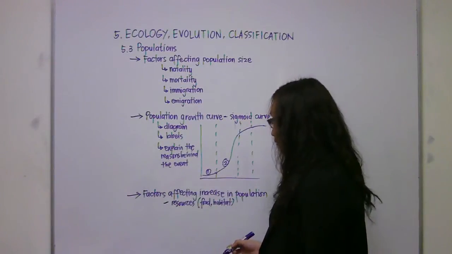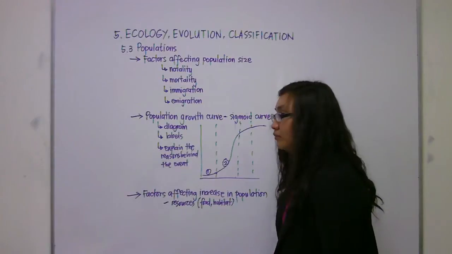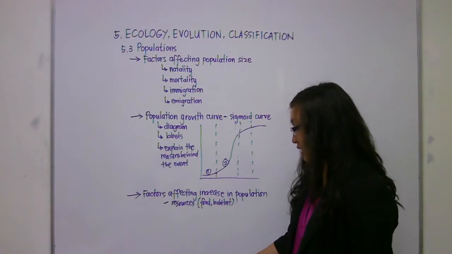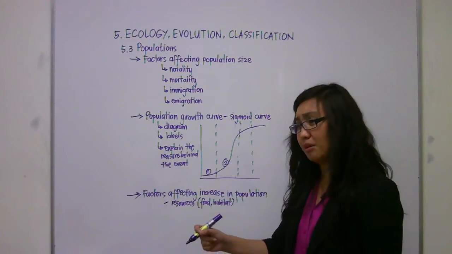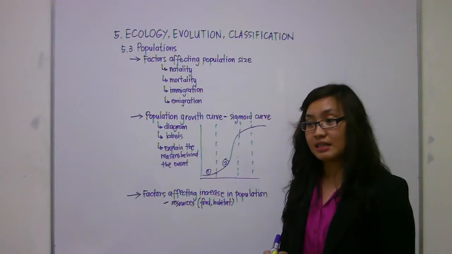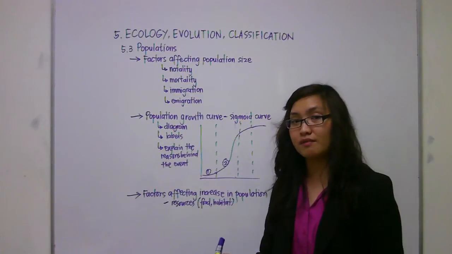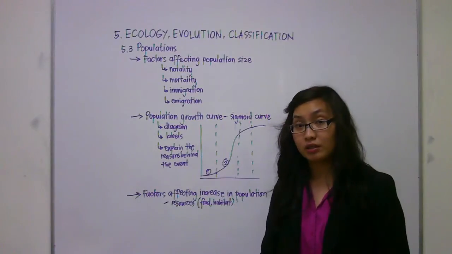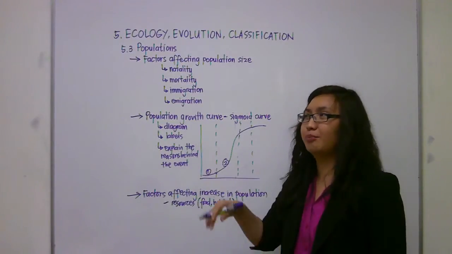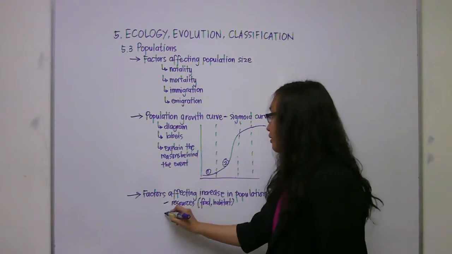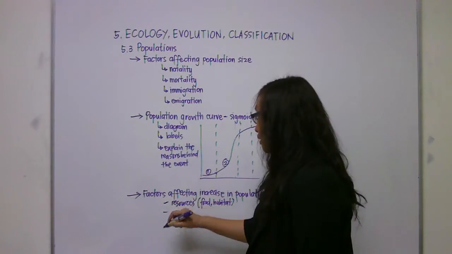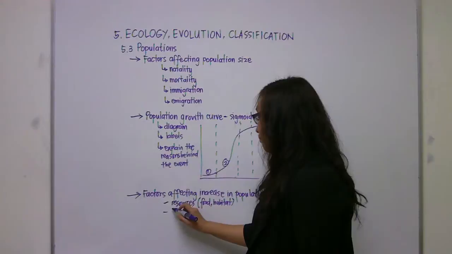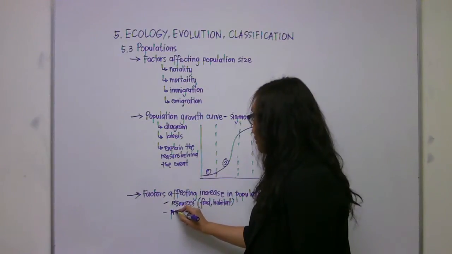If we identify them, we can say that this further increases the population because it provides very conducive conditions for the organisms to reproduce more. We also have to include the presence of predators.